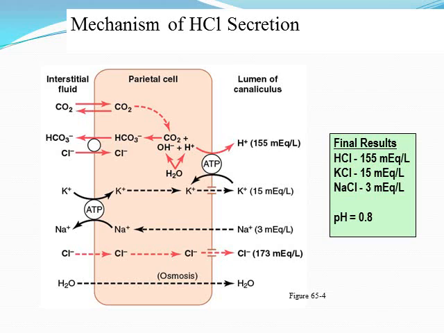Okay, so how HCl is secreted is really interesting because, remember, HCl is pretty caustic. It can't just be produced in a cell and secreted, or it's going to cause degradation of that cell. And so what actually happens is you get secretion within the lumen of what's called canaliculi.